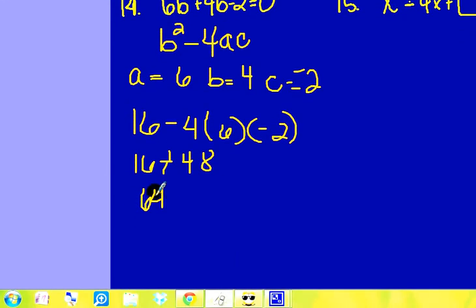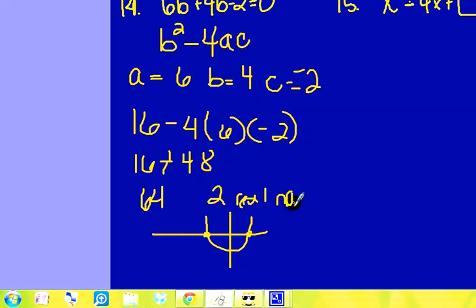Well, guess what? When your number is positive, if you're describing the roots, again, what are the roots? They're the zeros. And they're positive. That means you have two real number solutions. And we're going to leave it at that. There are two real number solutions.